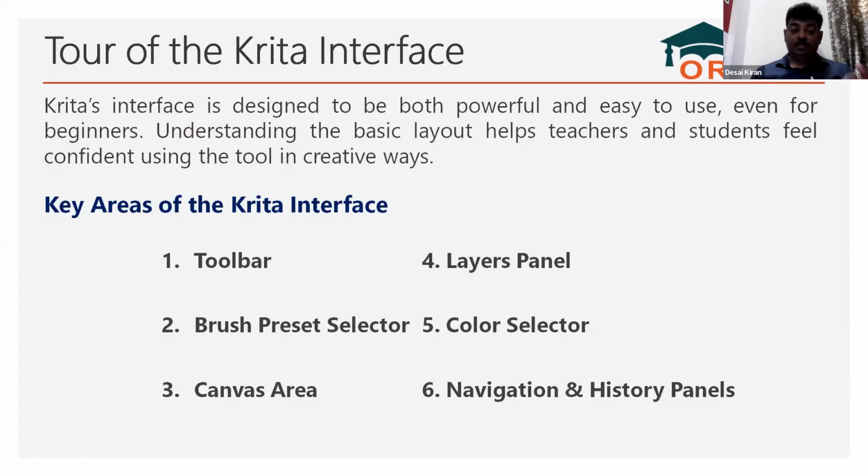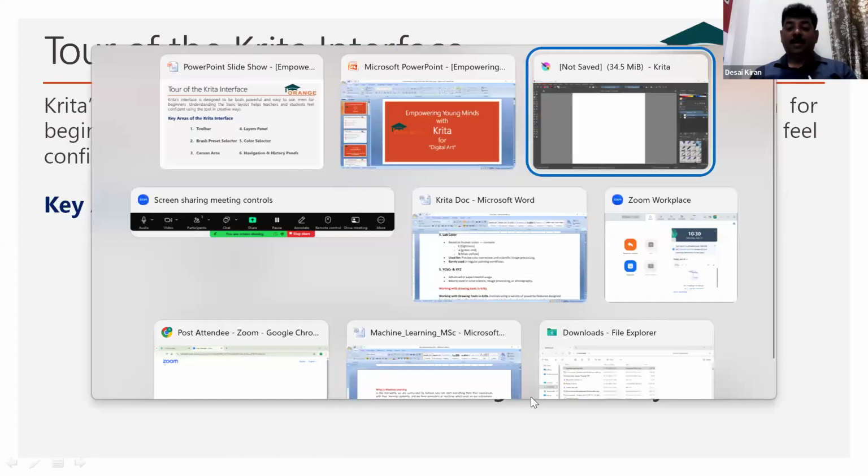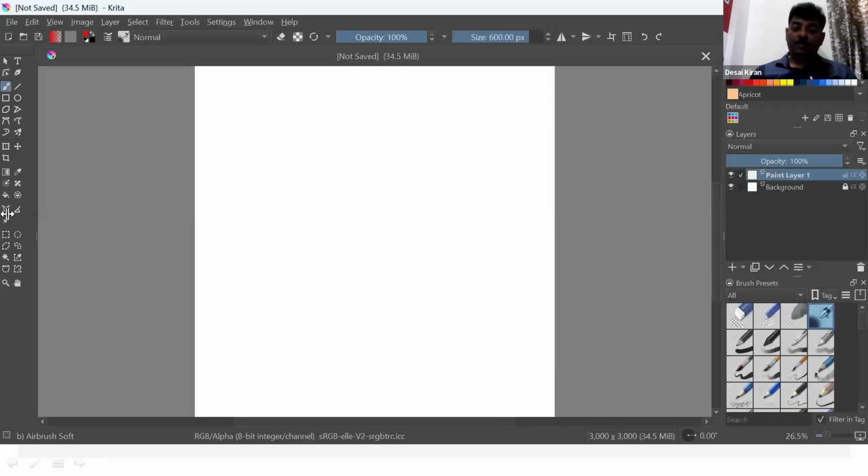Here is the toolbar, here is the color selector, here is the layers panel, and here we have the brush panel. These are the basic things we have in this area.